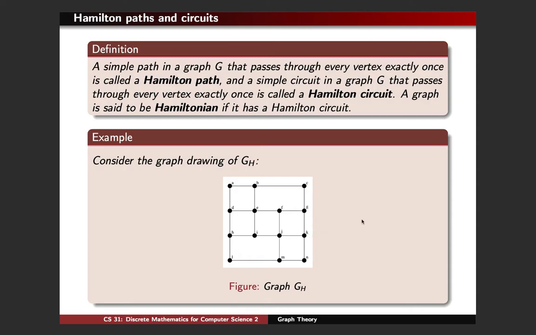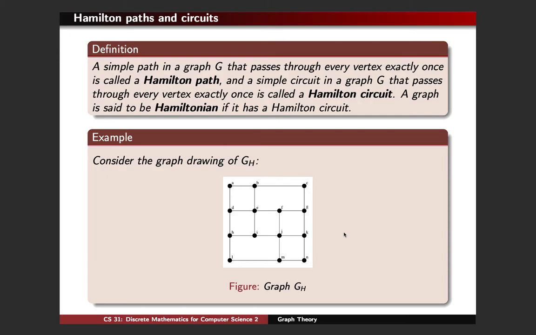At hindi rin siya, wala rin siyang Euler path, no? Kasi more than 2 yung may odd degree. So, anong mapupulot natin mula dyan? Mapupulot natin na hindi dahil Hamiltonian ang isang graph ay Eulerian din siya.